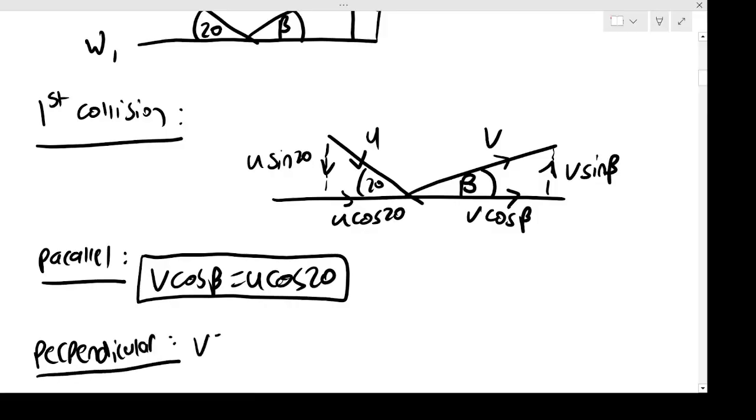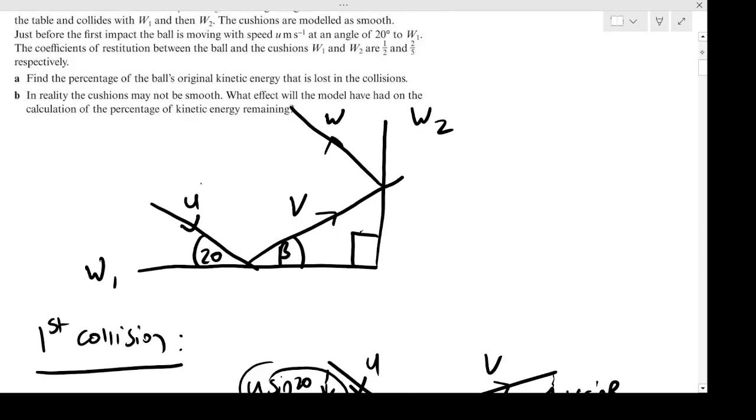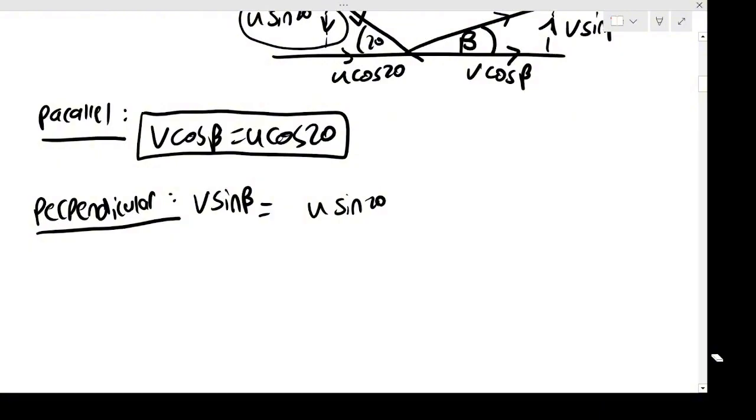I'm going to get v sine beta then is going to be e, lots of the original perpendicular part of u sine 20. Okay, now actually we know what e is. So with the first wall, the coefficient of restitution is a half. So actually we can say it's going to be a half u sine 20 there.